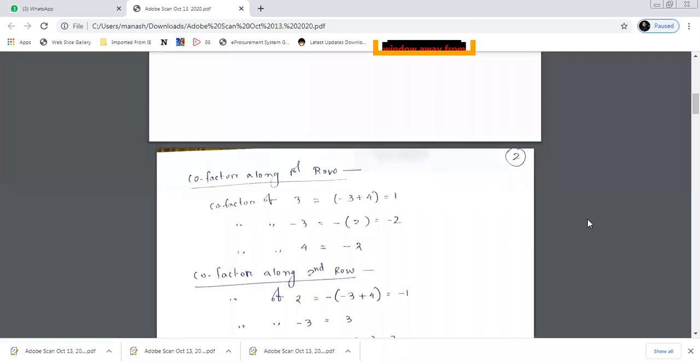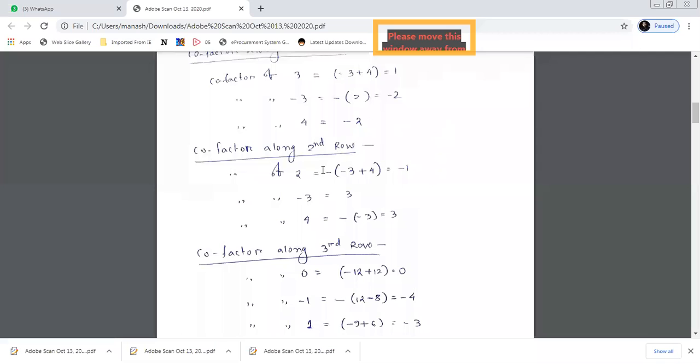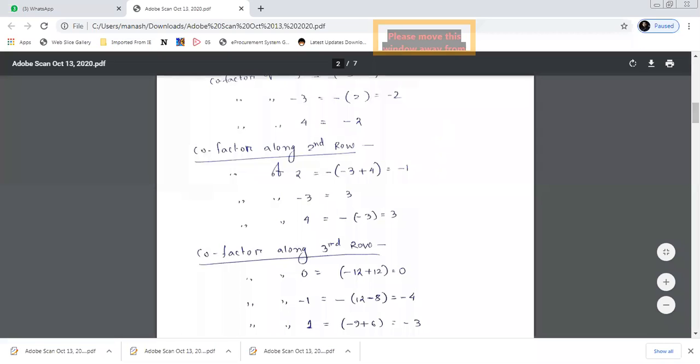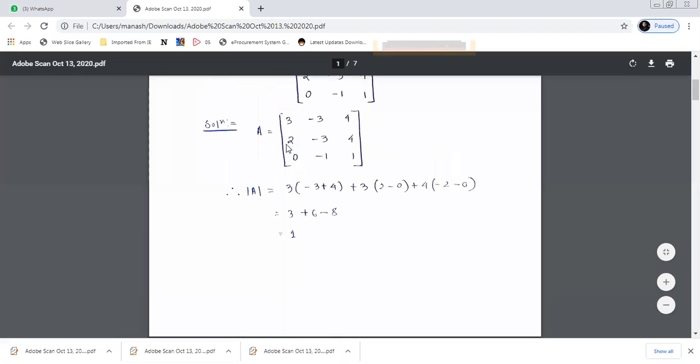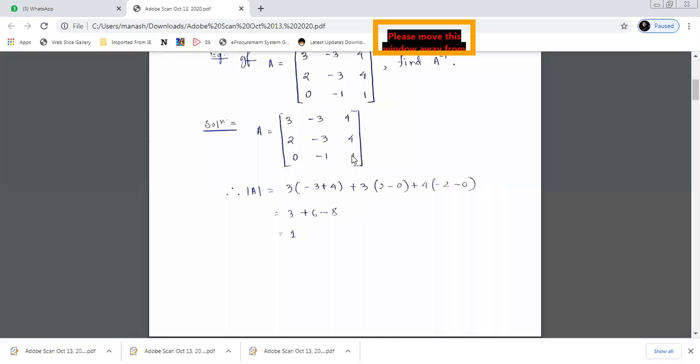Okay, see here. So the cofactor along the second row. This 2 lies in which row? Second row. And in which column? First column. So you have to exclude this entire second row and this first column. Now what is left? Minus 3, 4, minus 1, 1. So you have to expand this determinant.